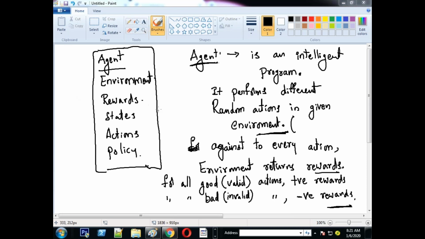Okay. Next, we see what is the environment. Okay. Before going for the environment, a small tag here. Based on rewards received, write out this.